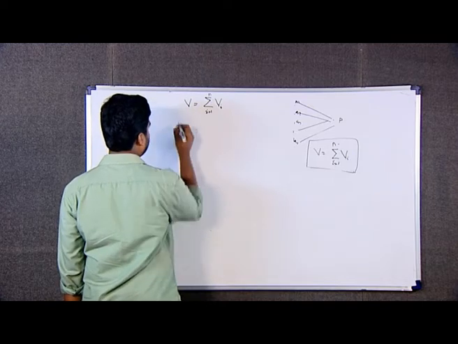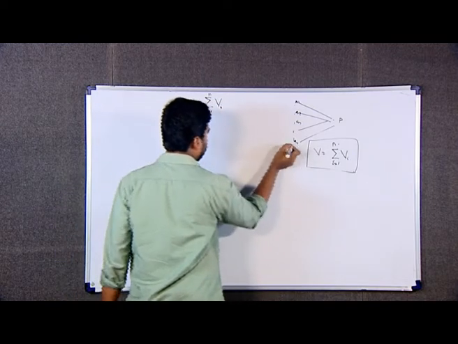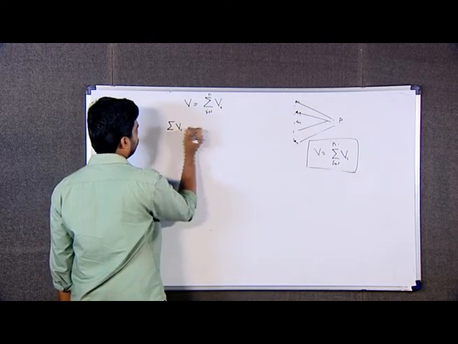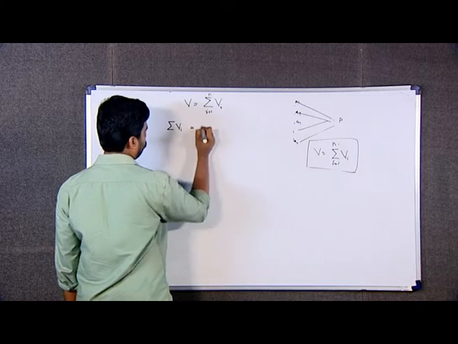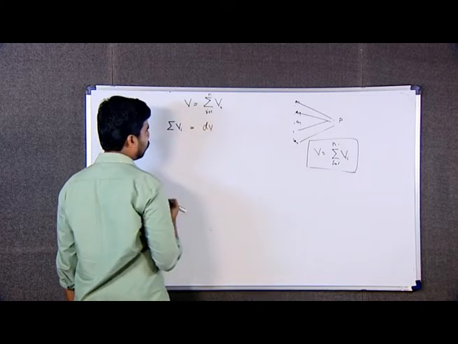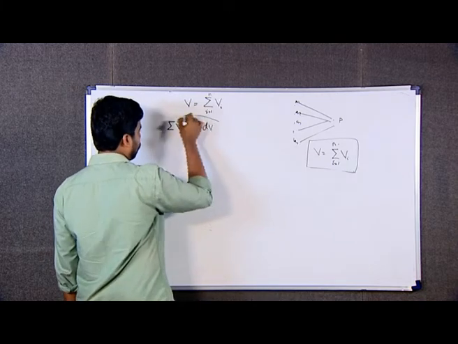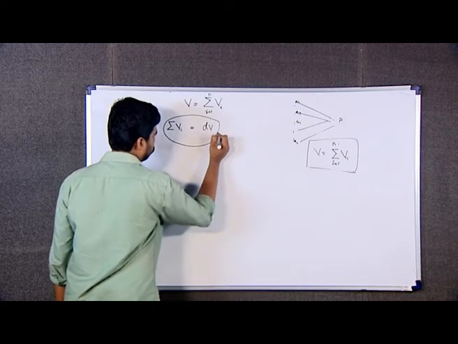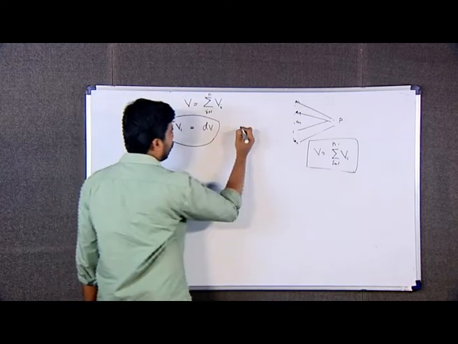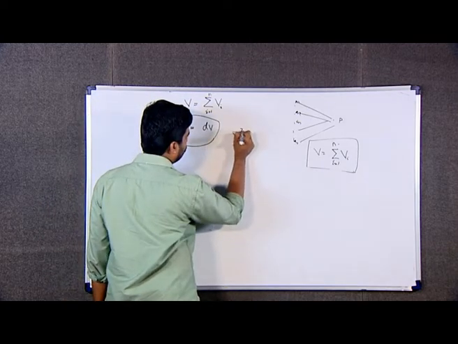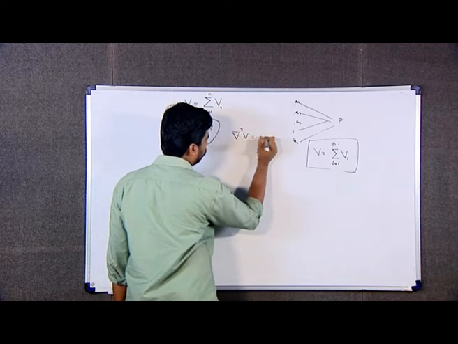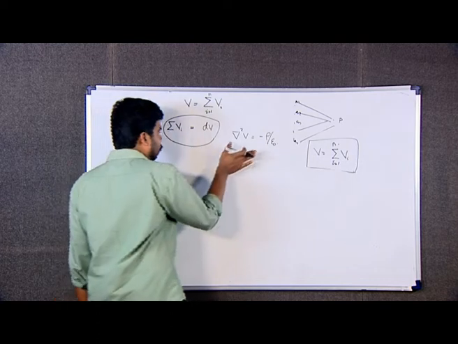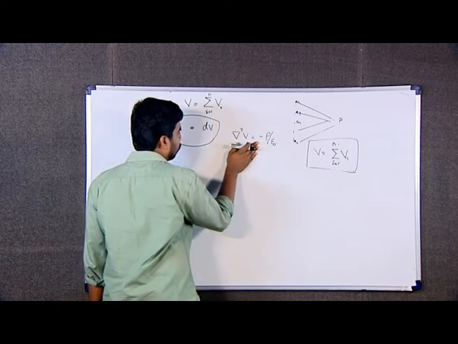Now, if the charges are continuous, sigma V I becomes dV, where dV represents the potential for a continuous charge distribution. And we know that according to Poisson's equation, del square V is equal to minus rho by epsilon 0. What is the advantage of this Poisson's equation?